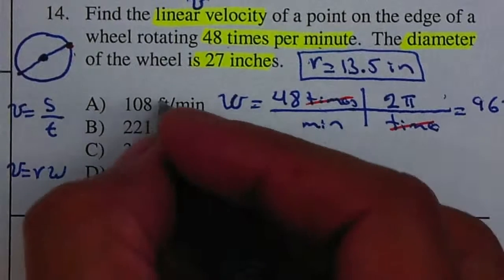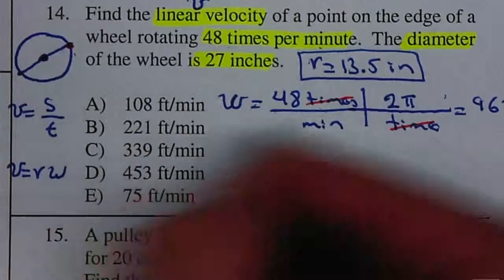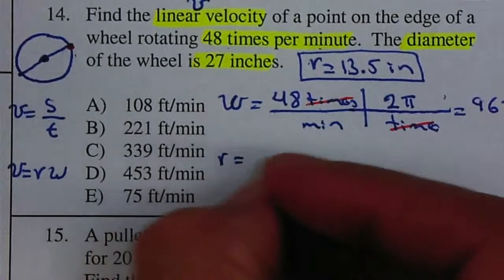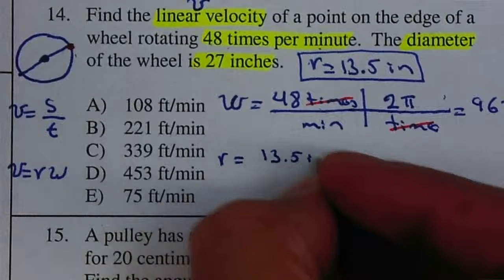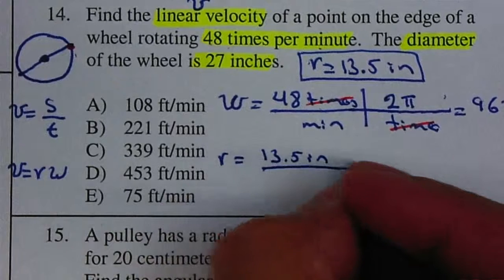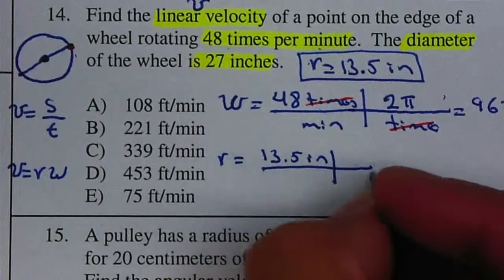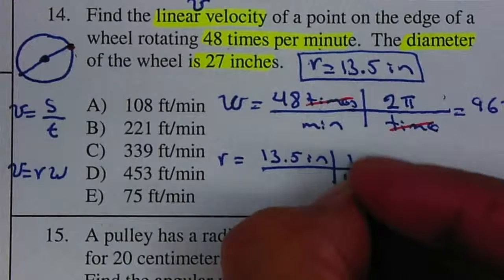And if you notice, your answers are given to you in feet. Your radius is in inches, so I'm going to go ahead and change my radius, 13.5 inches, to feet. Inches are on top, so therefore inches will be on the bottom. So 12 inches is equal to 1 foot.